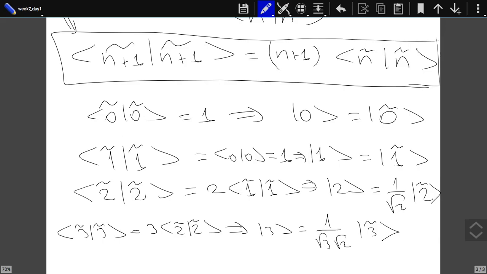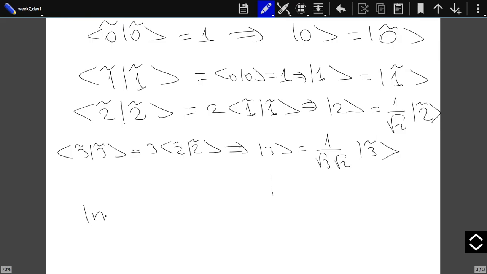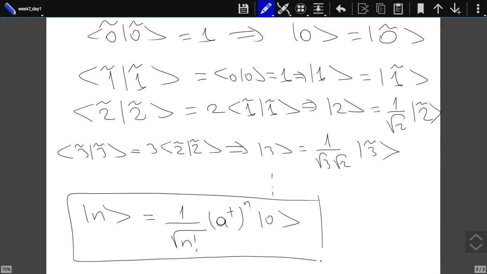And I can just go on like this. At the end of the day, I see that the normalized energy eigenstate will be just 1 over square root of n factorial, A† to the power n acting on the ground state. This is my energy eigenstate, properly normalized.